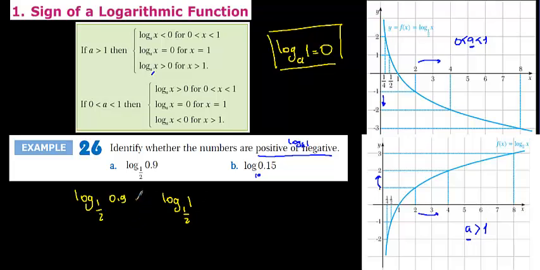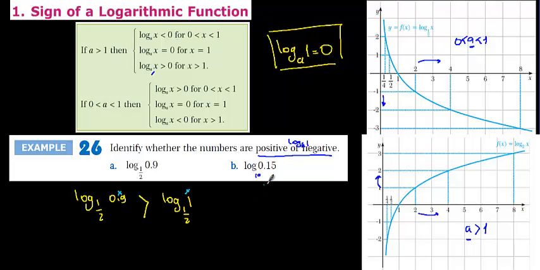And we should remember this. 0.9 and 1: 1 is bigger than 0.9. This is a decreasing function, so if 0.9 is smaller, it means that its value is bigger. In a decreasing function, when the x value is smaller, the function value is bigger, the opposite.